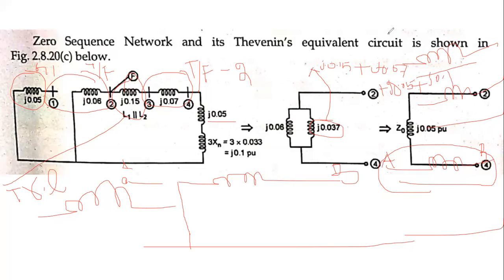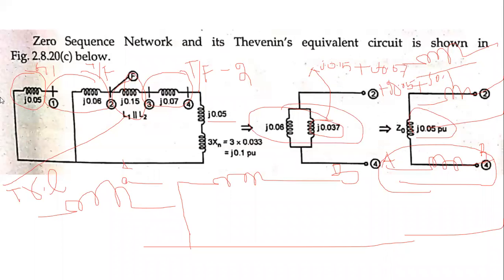Then we obtain 0.37. And then if the fault is at this point, these two reactances are connected in parallel. Then we obtain the equivalent reactance, that is J0.05.